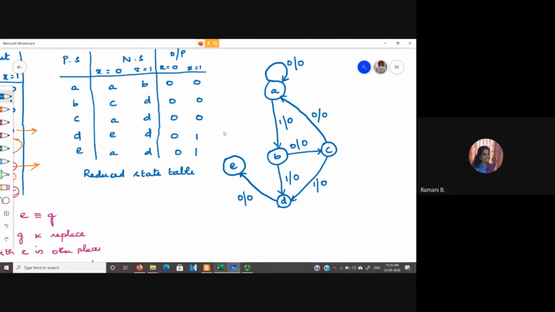When the input is 1, I remain in the same state and my output is 1. And from state E, for input 0, I go to state A, and the output is 0. For 1, I move to state D, output is 1. So this is what we have.